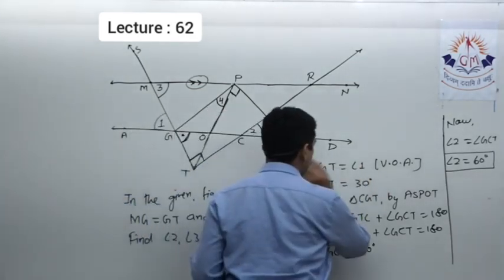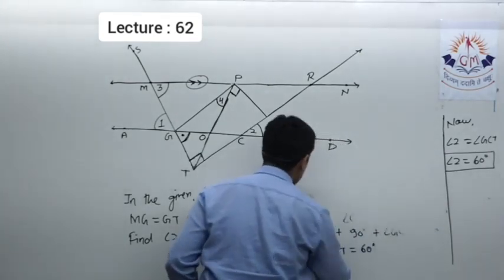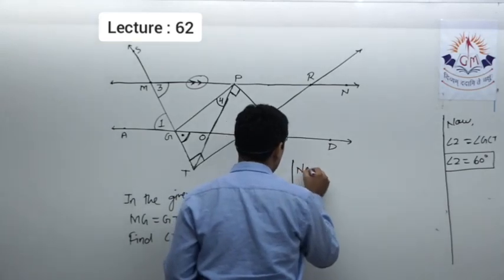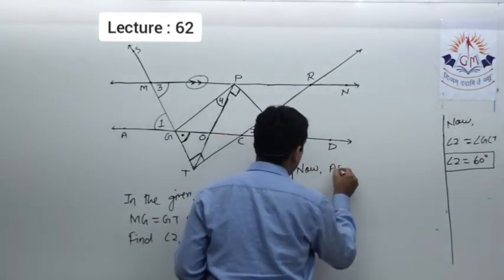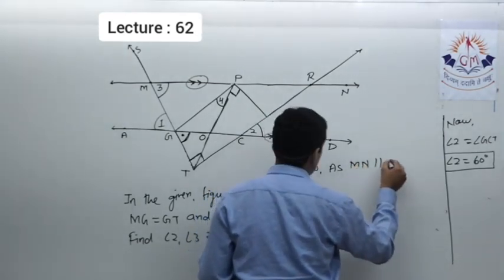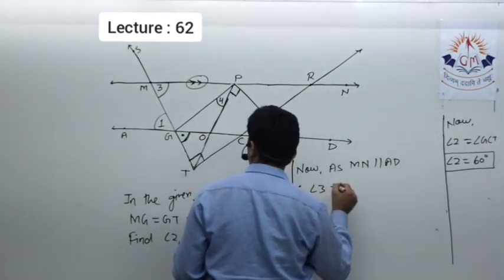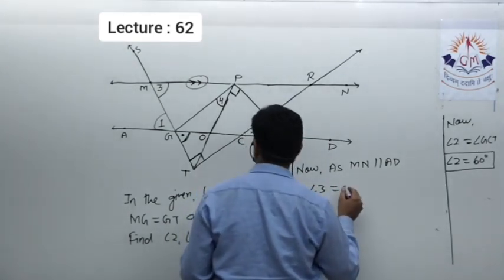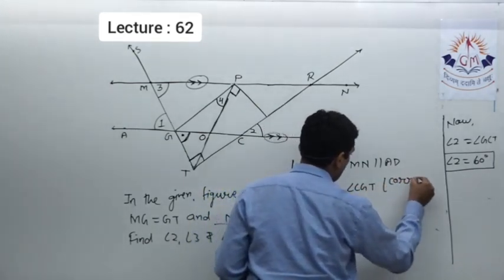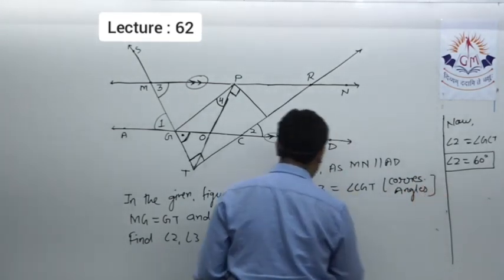After this, what you have to write, I am going to write over here. Now as MN is parallel to AD, therefore I can say angle 3 is equal to angle CGT, reason: corresponding angles.